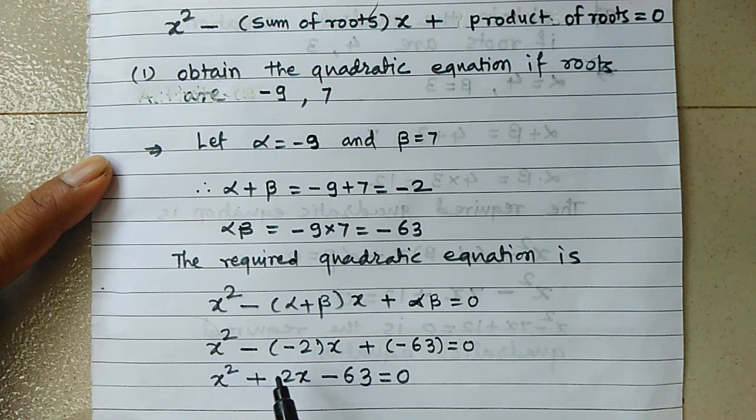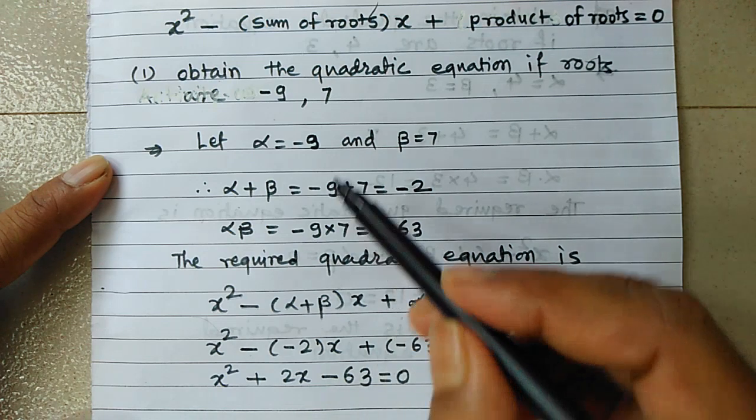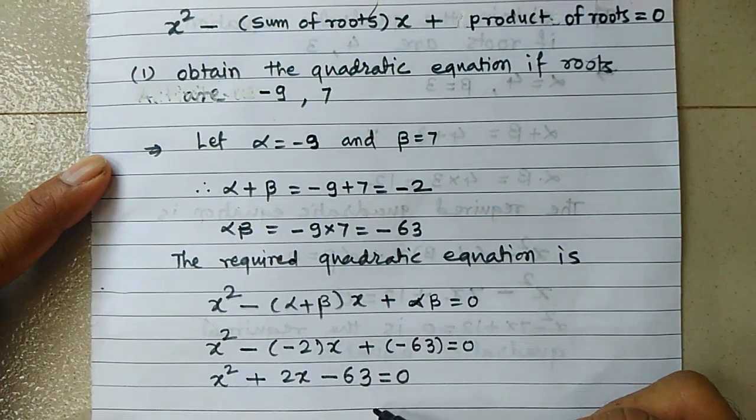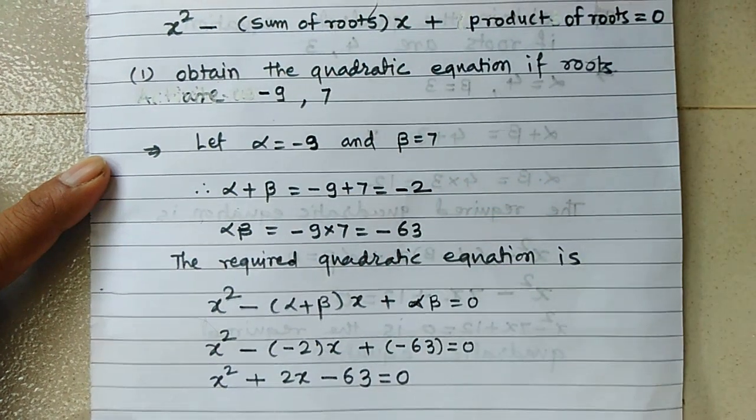Now do the remaining calculation. x square minus into minus plus 2x plus into minus minus 63 is equal to 0. In this way, if roots are given to you, then these are the steps to find out the quadratic equation.